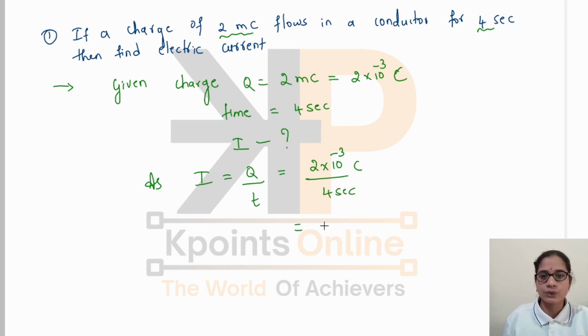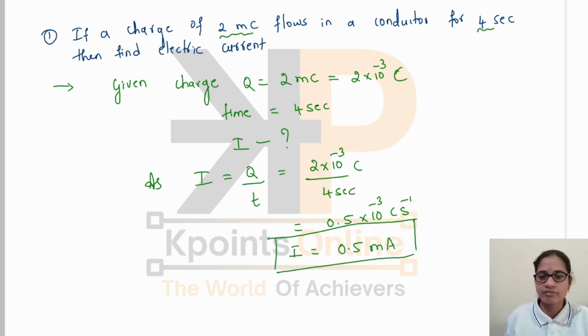So it is equal to 0.5 into 10 raised to minus 3 coulomb per second or 0.5 milliampere. So current flowing through this is 0.5 milliampere. You can also write it as 0.5 into 10 raised to minus 3 ampere.